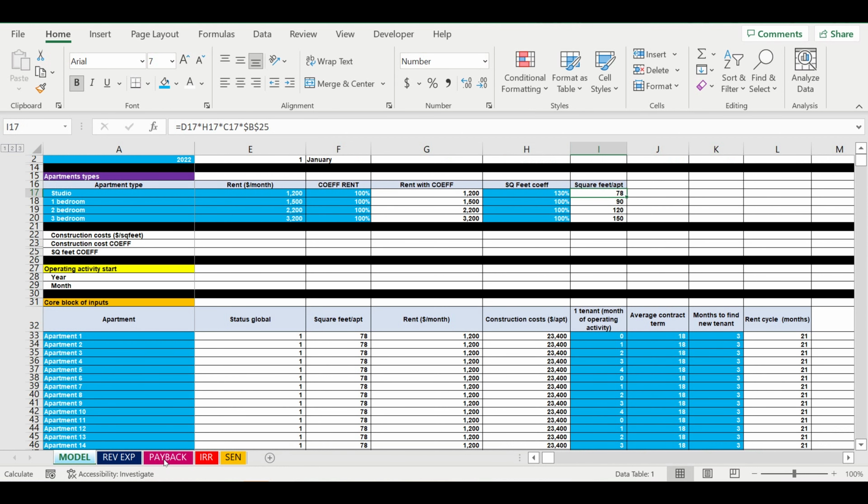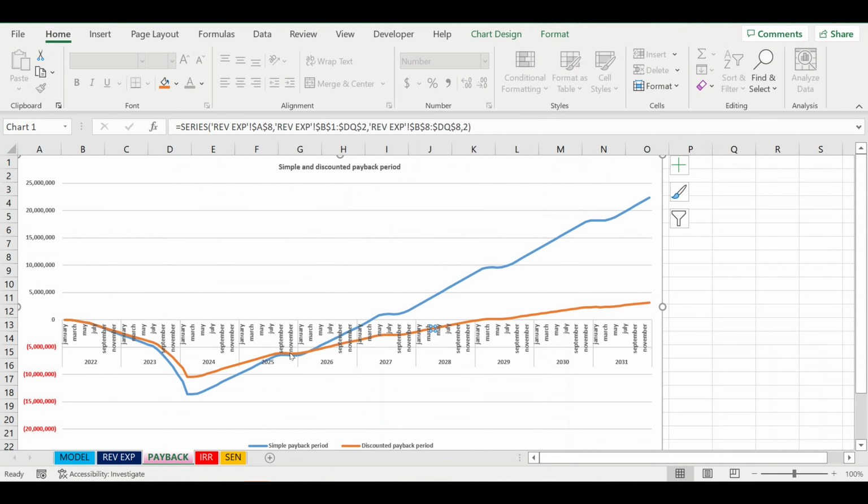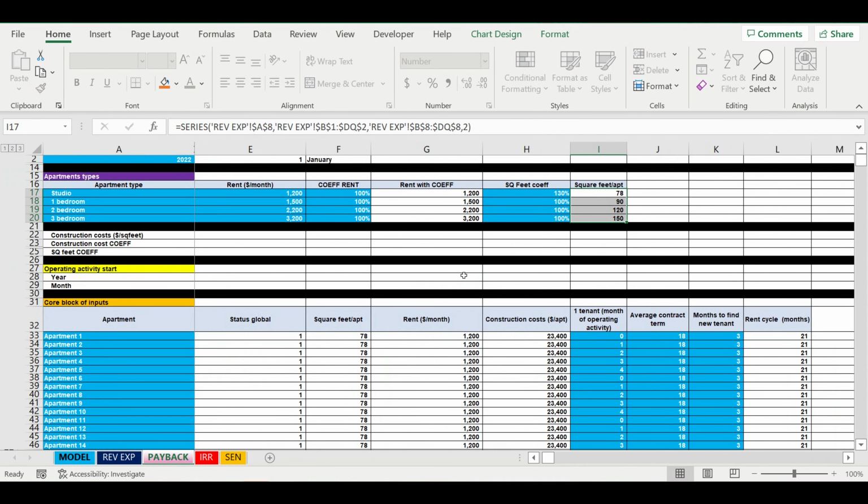This means that the investment plan will be bigger. The rent will stay the same, by the way, but the square footage will be bigger. So what will be the payback period? We can look at the simple and discounted payback period and see what will happen.